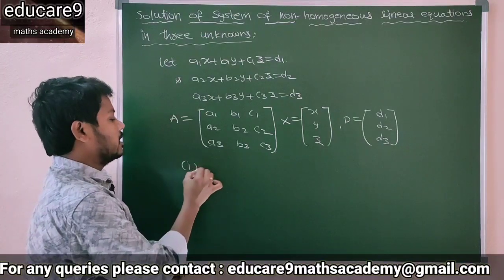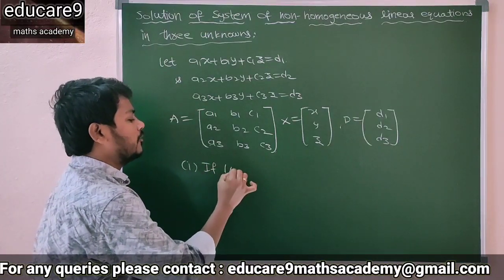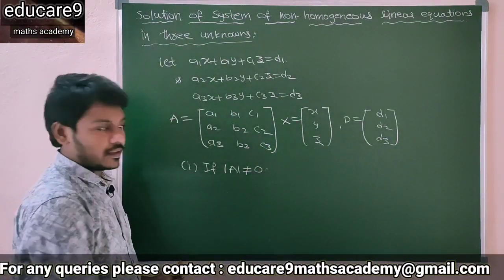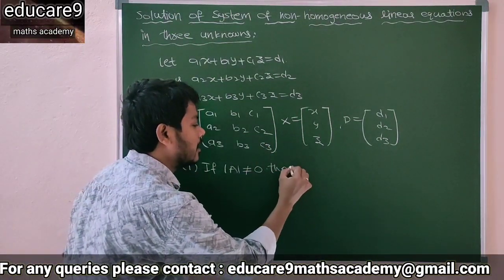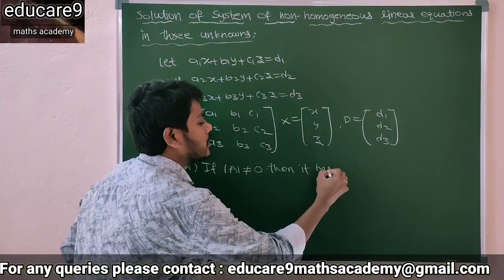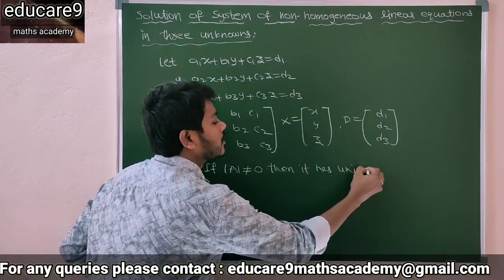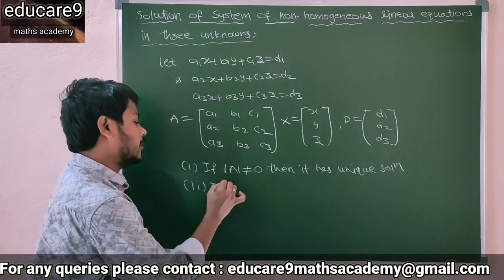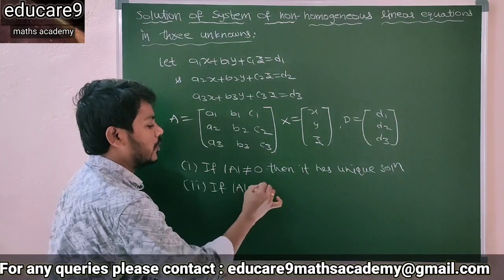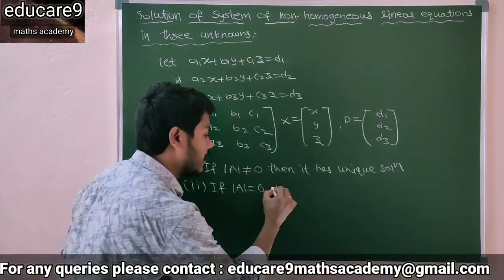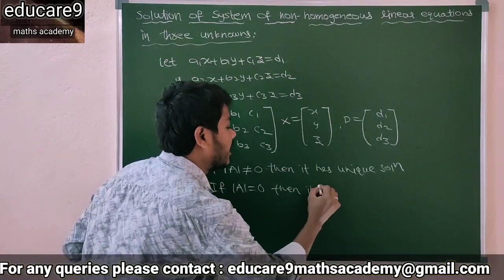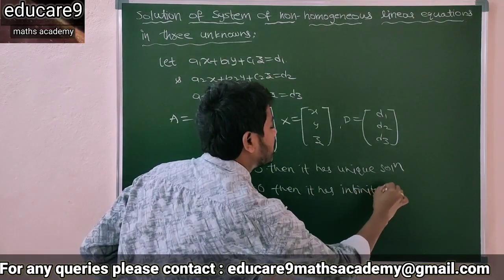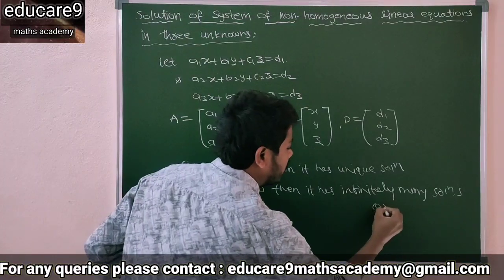First, if the determinant of A is not equal to 0, then it has a unique solution. Second, if the determinant of A is equal to 0, then it has infinitely many solutions or no solution.